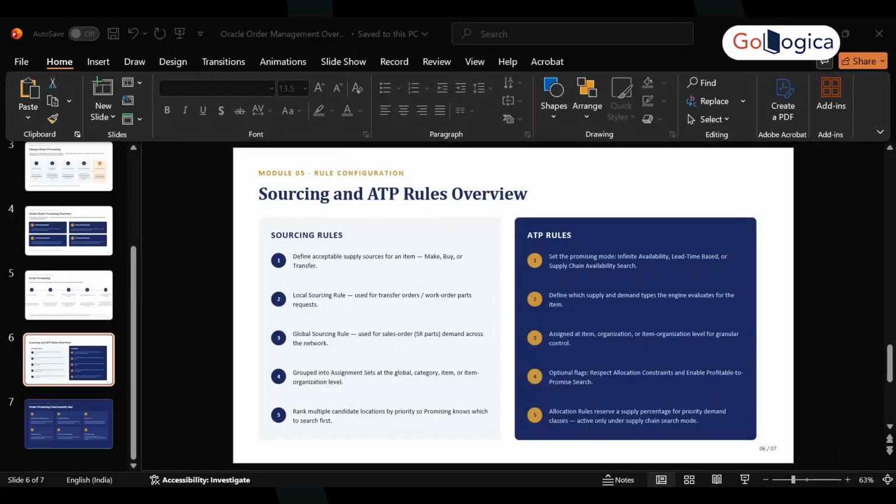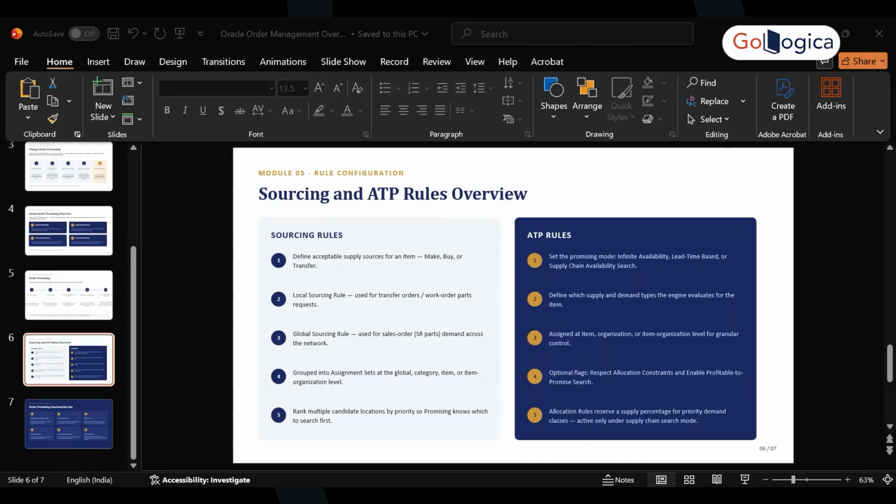So we will go through each component in a more detailed way. For the sourcing rules, that defines the acceptable source of supply for an item. In simple words, if a customer orders this product, where should Oracle obtain it from?